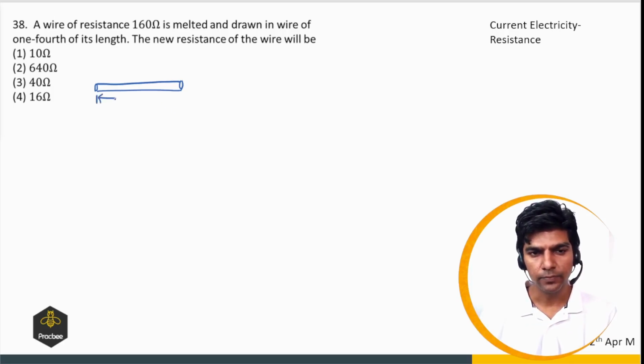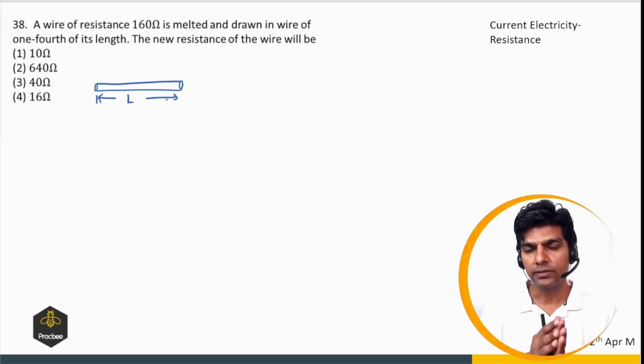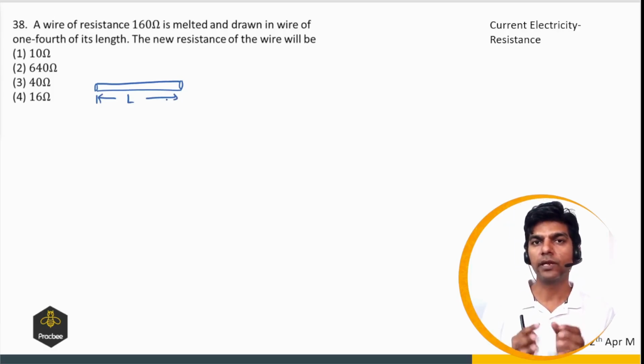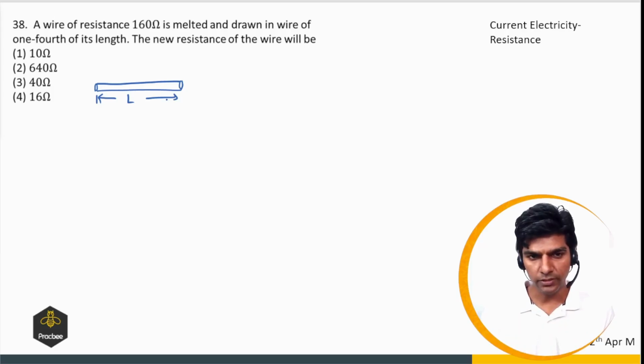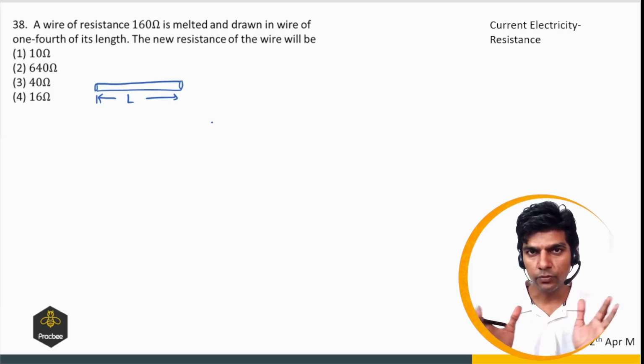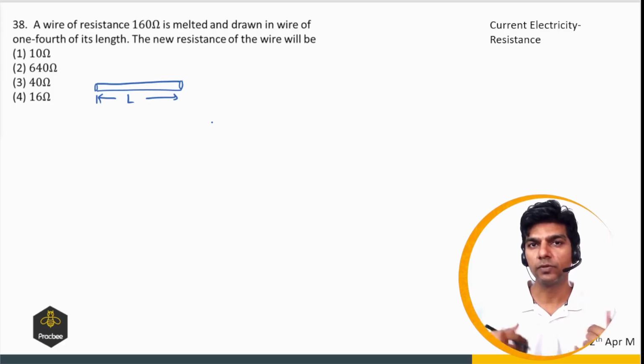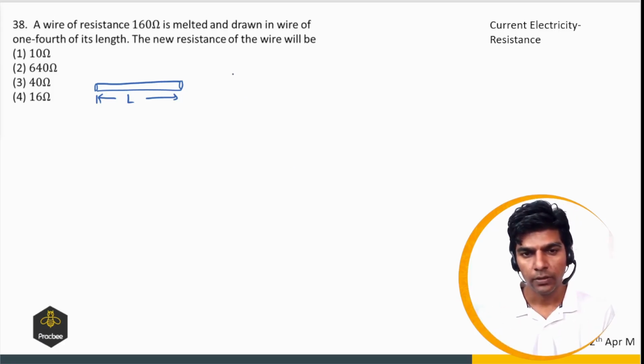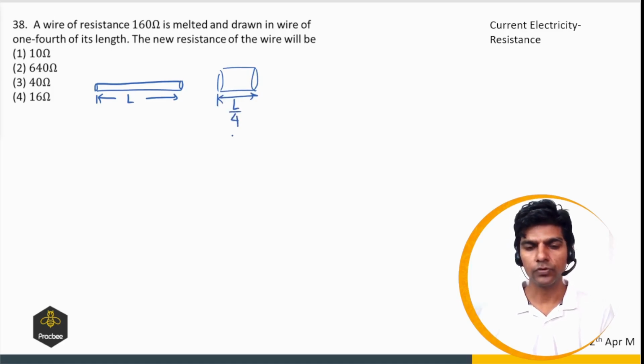So if this is L, when we recast this, in such kind of a question, we'll assume volume doesn't change. So as we recast it into a smaller length, the area of cross section will increase for same volume. So as we recast, it will look like this, right? That is the new area, and this length will become L by 4.